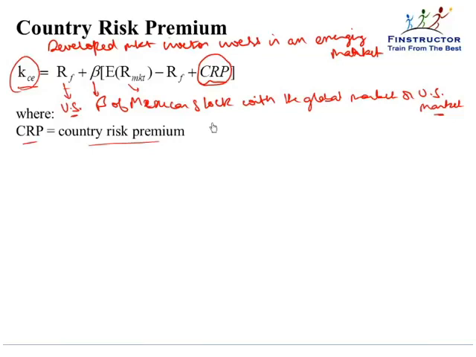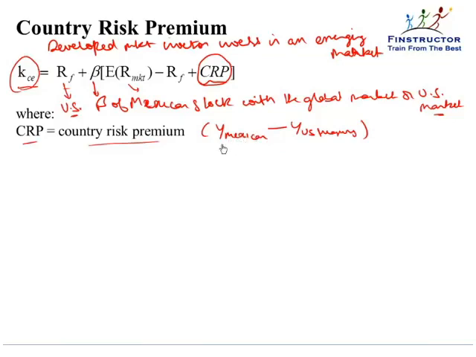Now, an ad hoc estimate of the country risk premium is the sovereign yield spread. That is, take the yield on the Mexican government bond and subtract the yield on the US Treasury bond. The difference in these yields will give us some indication of the additional risk in Mexico.